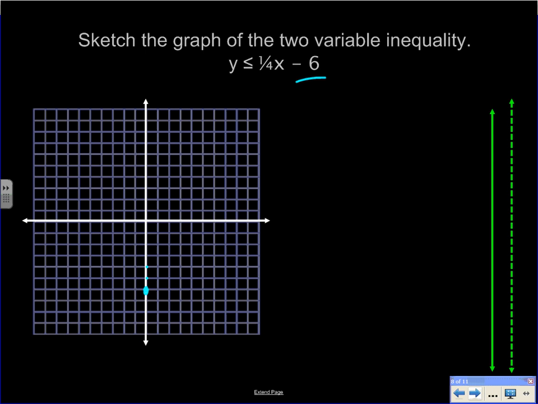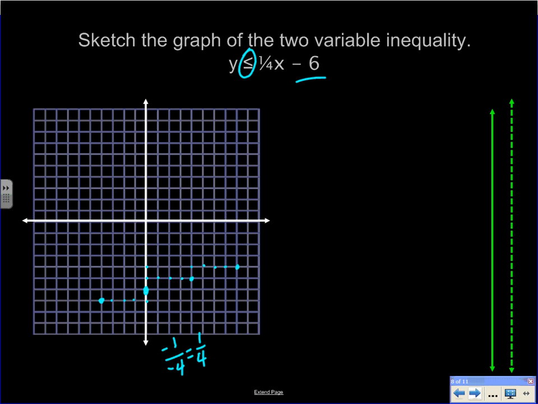The slope of 1/4 means you go up 1, to the right 4, up 1, to the right 4. You could have also, from the very first point, gone down 1 and to the left 4, because down is negative and to the left is negative. So negative 1 over negative 4 is equal to a positive 1/4, and that's our slope.